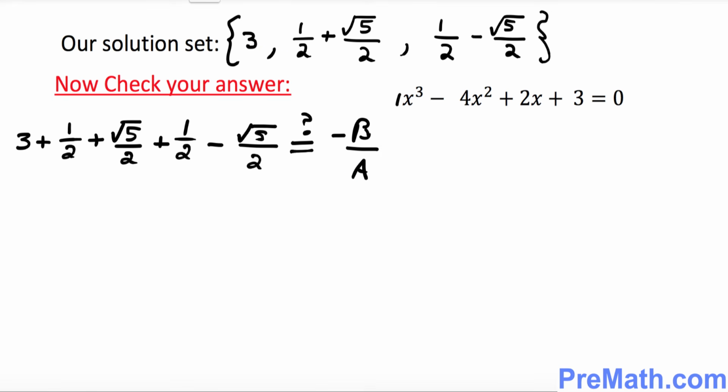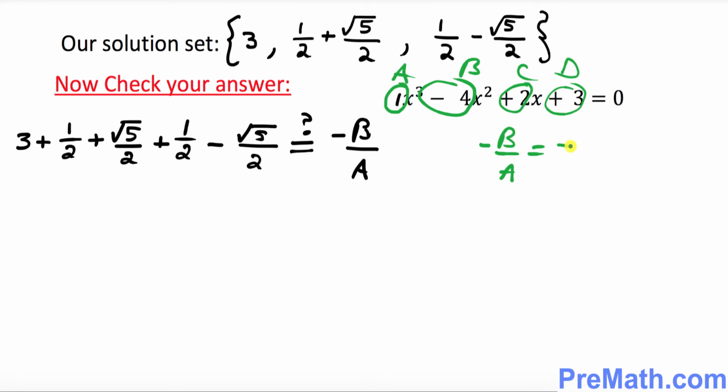Now you might be wondering what a and b are. In our original cubic equation, this coefficient is your a, this number is your b, this is c, and this is d. So minus b over a is simply negative, and b is -4, over a which is 1. So negative and negative become +4 over 1 equals 4. That means negative b over a turns out to be 4.